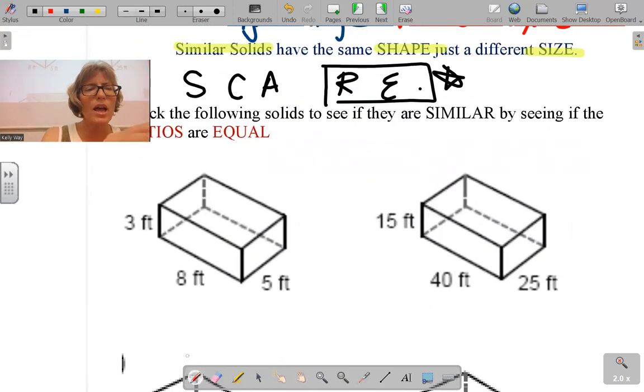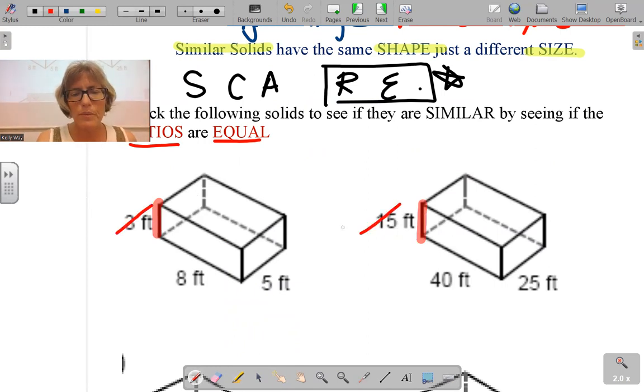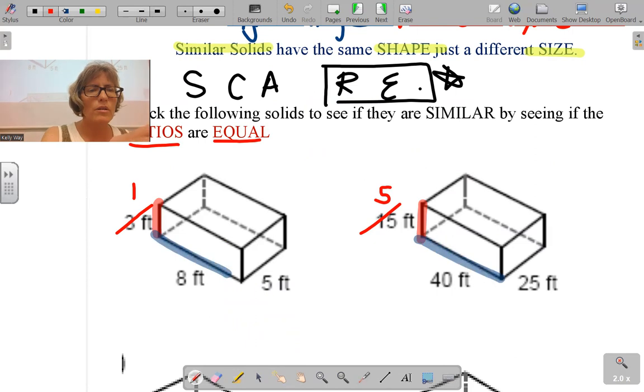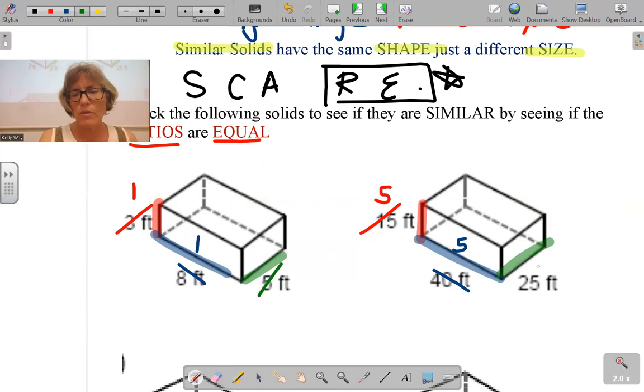So how do we tell if something's similar? We check to see if the ratios are equal. So right here, we're going to check our ratios. 3 to 15, reduce. It's 1 to 5. 8 to 40, reduce. 8 goes into 40 5 times, also 1 to 5. 5 to 25, reduce.